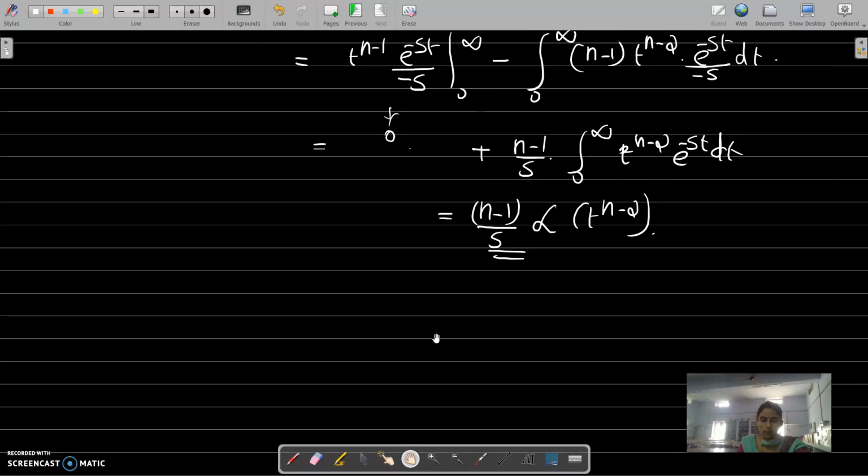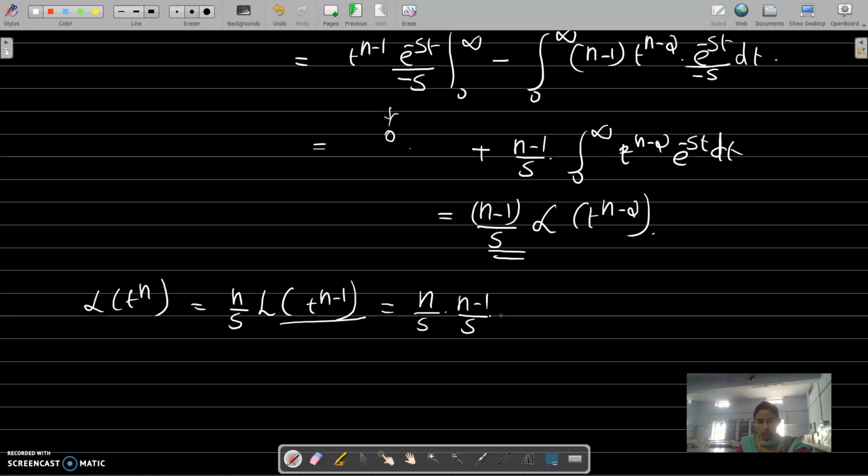Proceeding this way, we can see that the Laplace transform of t raised to n is n by s into the Laplace transform of t raised to n minus 1, and which is same as n by s into n minus 1 by s into the Laplace transform of t raised to n minus 2, and the next step is n by s into n minus 1 by s into n minus 2 by s into the Laplace transform of t raised to n minus 3.